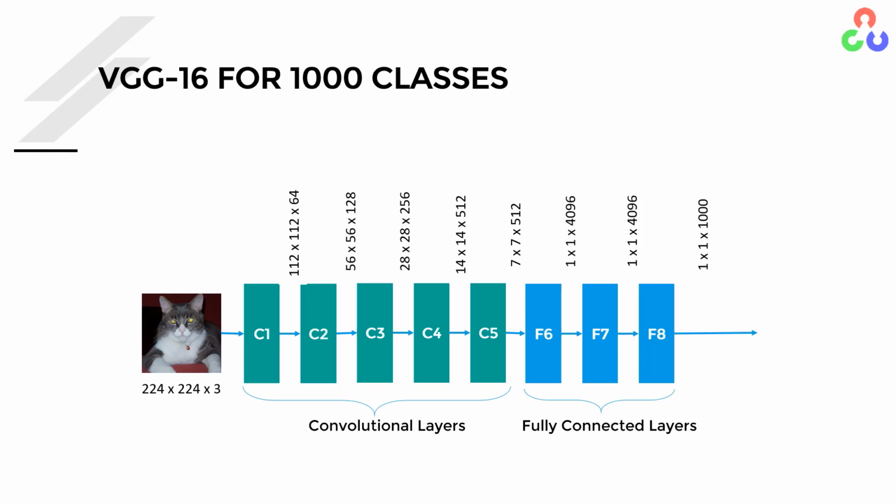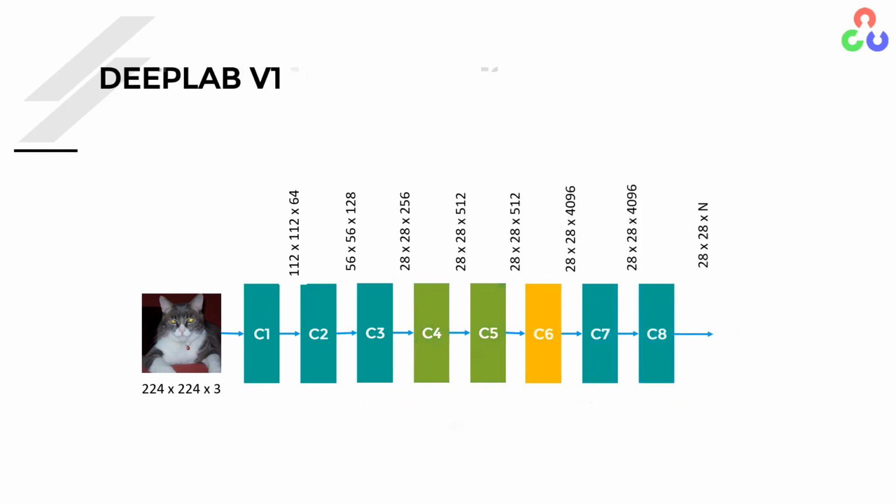Now, this is the standard VGG architecture. Let's modify it for n number of classes instead of 1000 classes. All we need to do is change this last layer and put an n here. Everything else remains the same. Now, this is the DeepLab V1 architecture. We are going to build it out, but let's see how we have changed the VGG16 backbone.